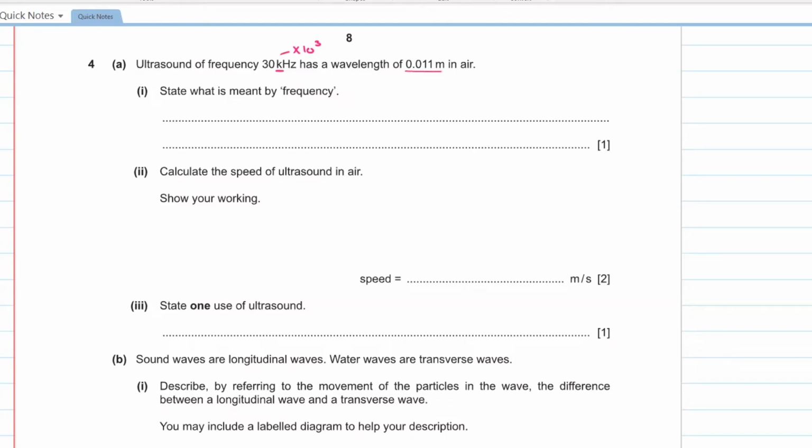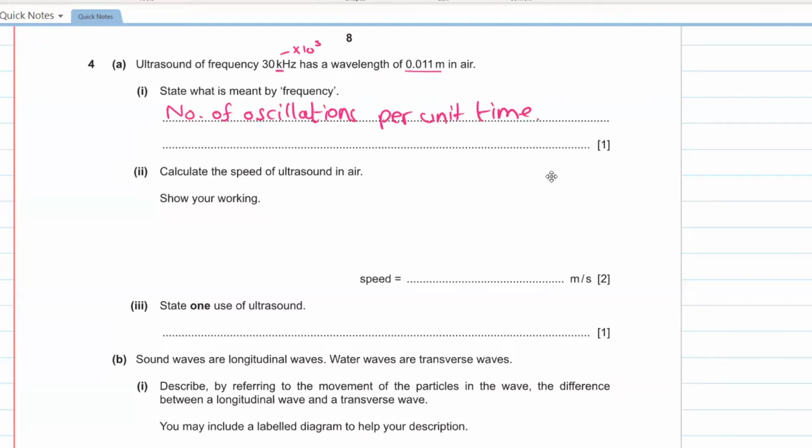Frequency is the number of oscillations, or number of waves passing, per unit second. Number of oscillations per unit time.